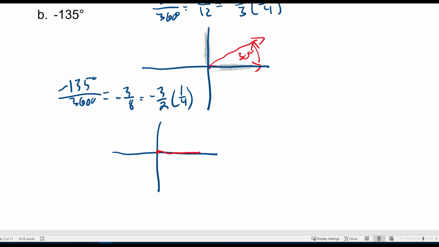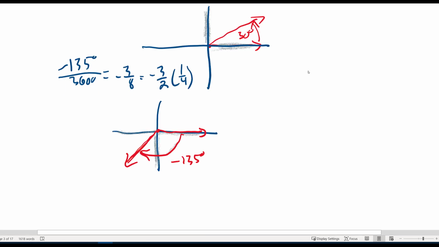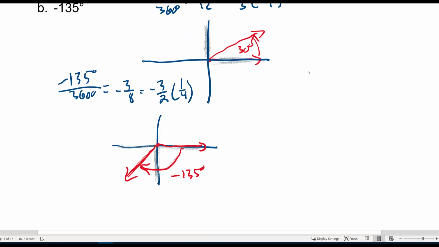So here's our initial side, and this would be a quarter, and this would be a quarter. We're talking 3/2. Negative means we're going this direction here. So 1.5 puts you here, so it goes in that direction. And that'd be negative 135 degrees. And that is drawing angles.